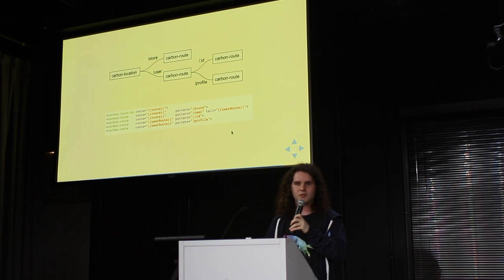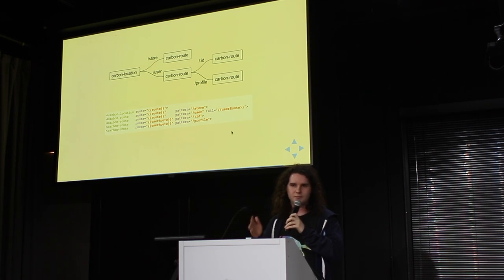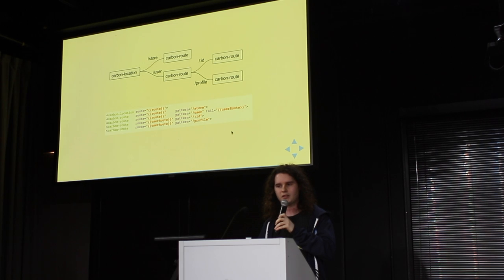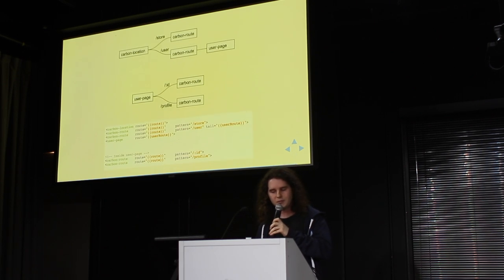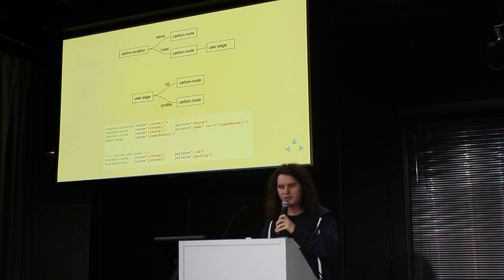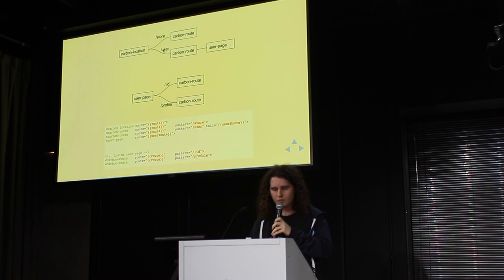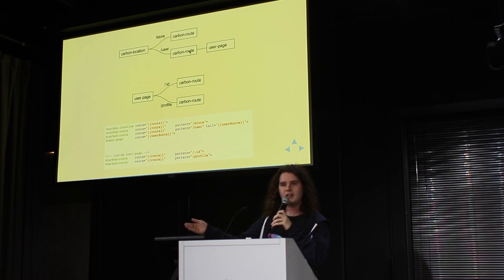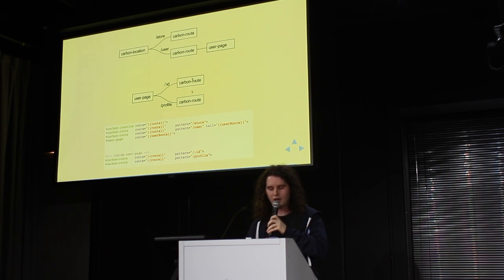Now, that's all well and good. It saves a little bit of typing and better organization, less repetition. But it also means that you can create a user page object, which is itself routable. So we have a carbon route which matches the pattern /user that emits its tail route, user route, which we pass into user page.